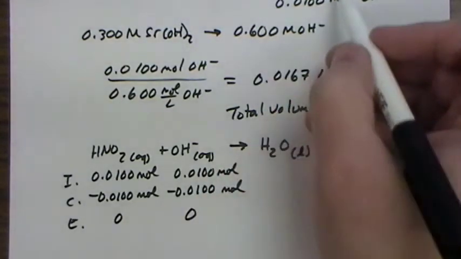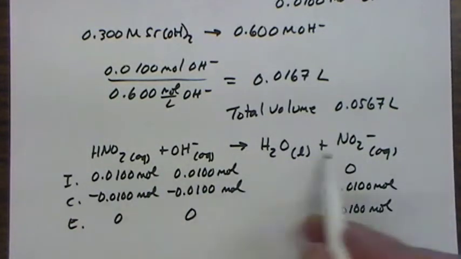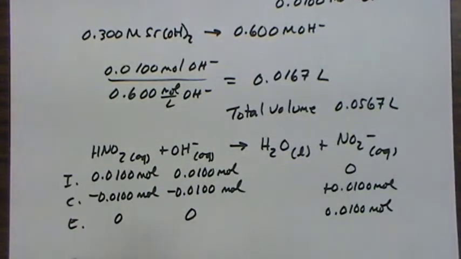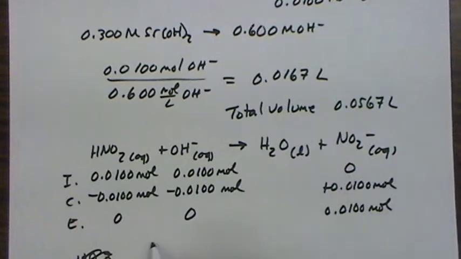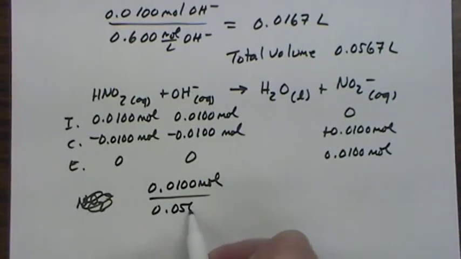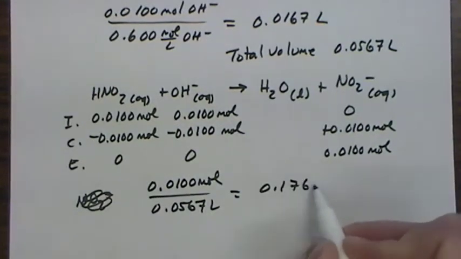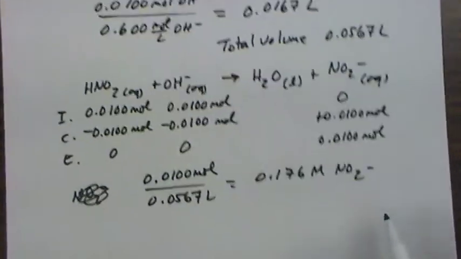So for here, you could just draw this equation to show what's going on, and then say it has to be 0.01 molar nitrite ion. Now we need to know the concentration of the nitrite ion because that's what's going to go on to hydrolyze. Divide by the new volume, and we end up with 0.176 molar nitrite ion.